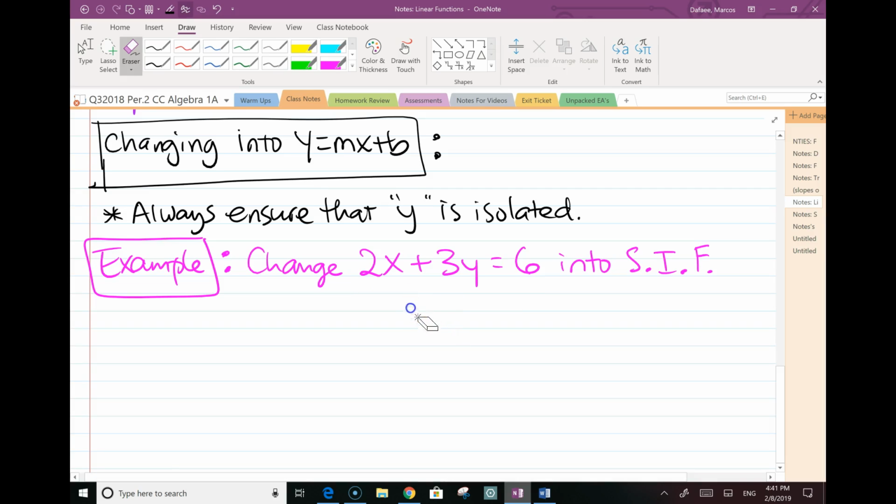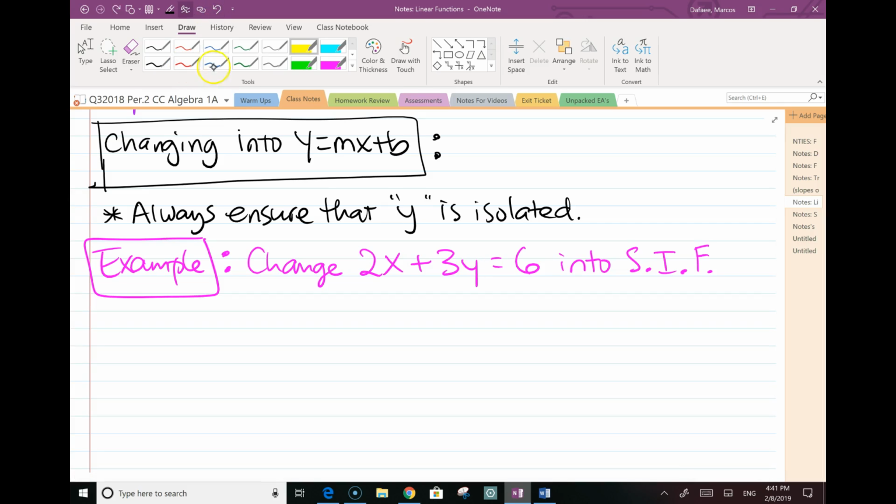But this is clearly not slope-intercept form, which is y equals mx plus b. It's not in that form. And the way I know that is because my y is not isolated, and it's supposed to be in order to be slope-intercept form, as you can see over there. And so my job is to change this whole equation so that my y value here ends up being isolated on one side.